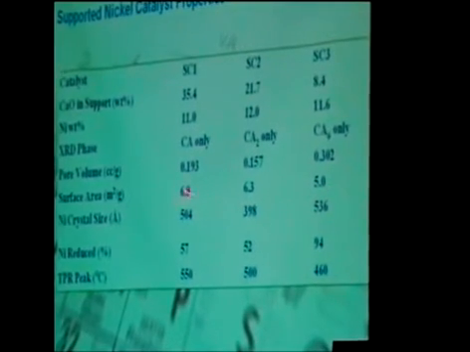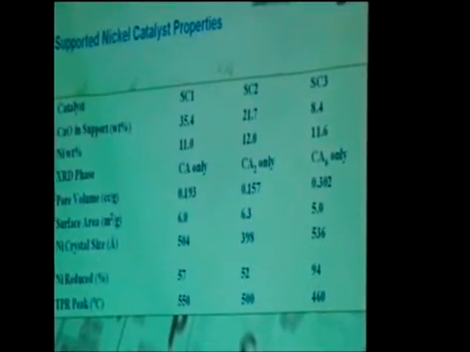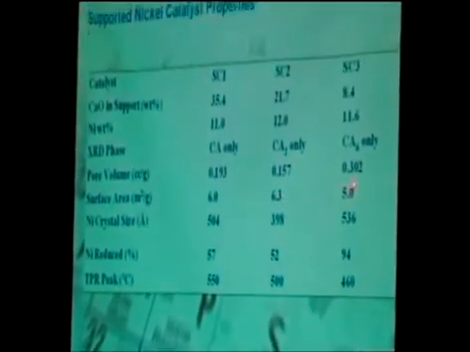Surface area is higher here, since when we put the nickel on, the surface area tremendously increased on this higher calcium support. This high aluminum support increased a little bit, but not as much as this high calcium support. And you compare the nickel crystal size, it's similar, except that this one is a little bit smaller.